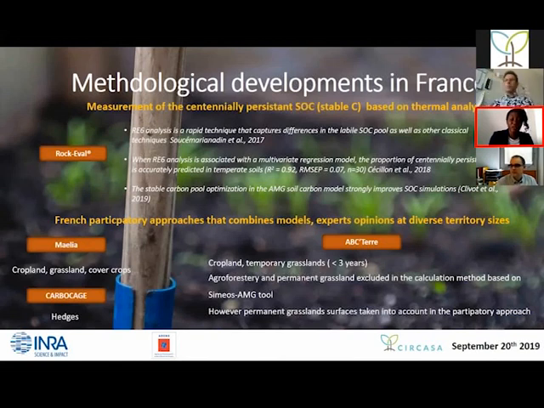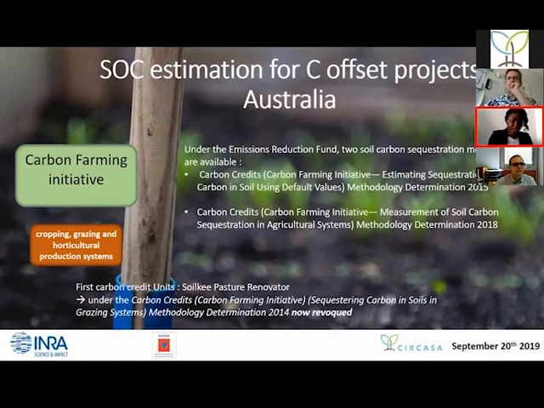Other participatory approaches are developed: Maelia for cropland, grassland and cover crops, and Carbocage for edges. And at international level, other soil organic carbon estimation methods are available for carbon offset projects.